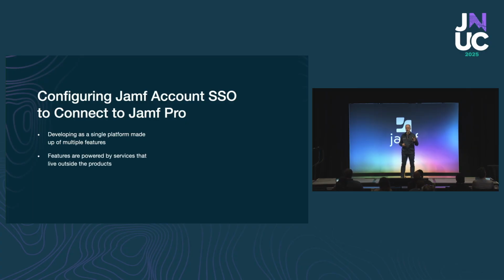And these features are powered by these services that live outside of the products themselves. We need to be able to tie all of these services together, which we can only do effectively in Jamf Cloud. For security's sake, to manage access to all of these services, we need to identify users to determine the features that they're allowed to access.